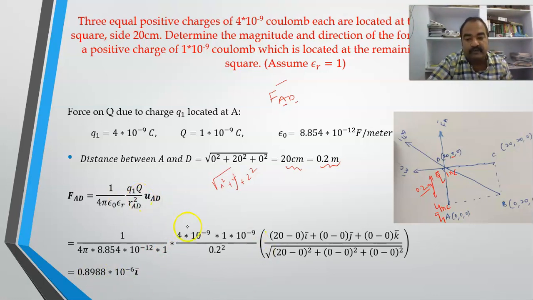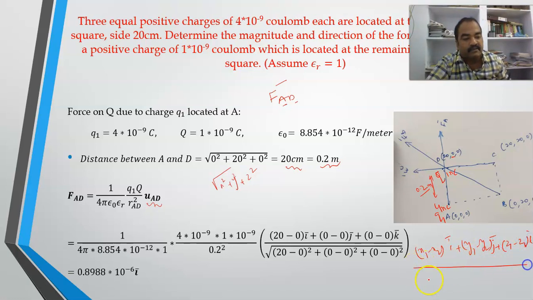See how to compute the unit vector. The simplest way of computing the unit vector is x1 minus x2 into i bar plus y1 minus y2 into j bar plus z1 minus z2 into k bar, divided by the square root of the magnitudes.